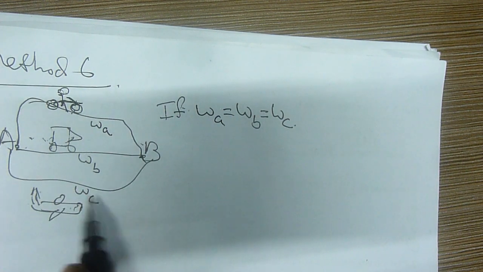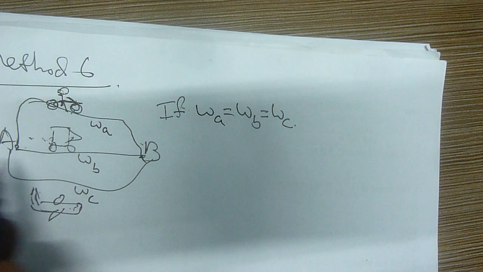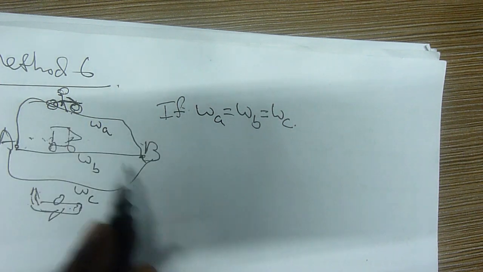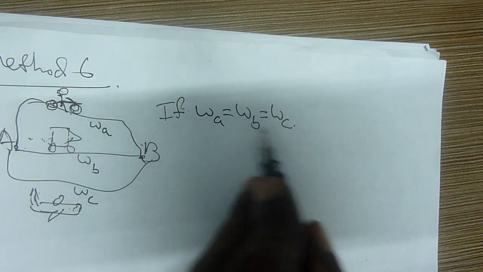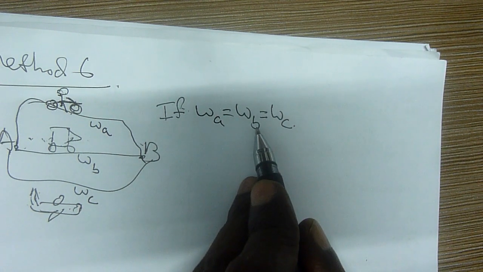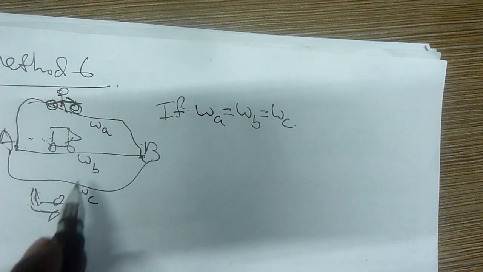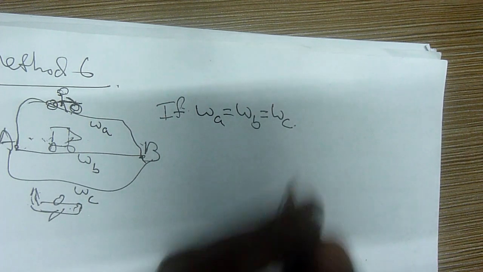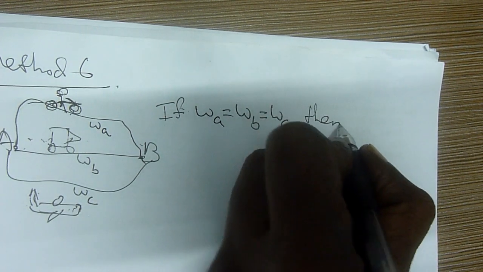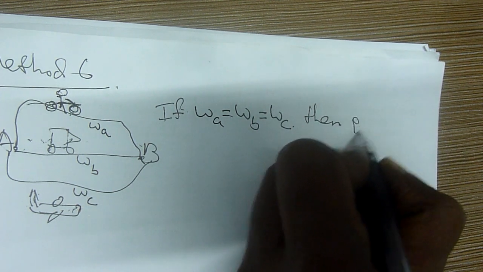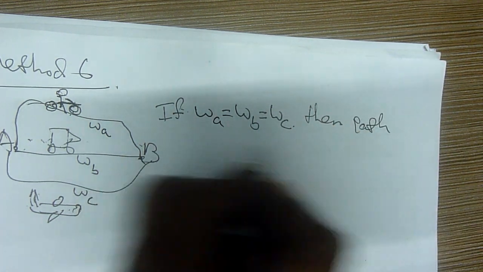You may ask, is it the same path? No, it's a different path, but when I calculate, I get the same. The work done by 3 different vehicles here will be the same. Then I will call this path independent.